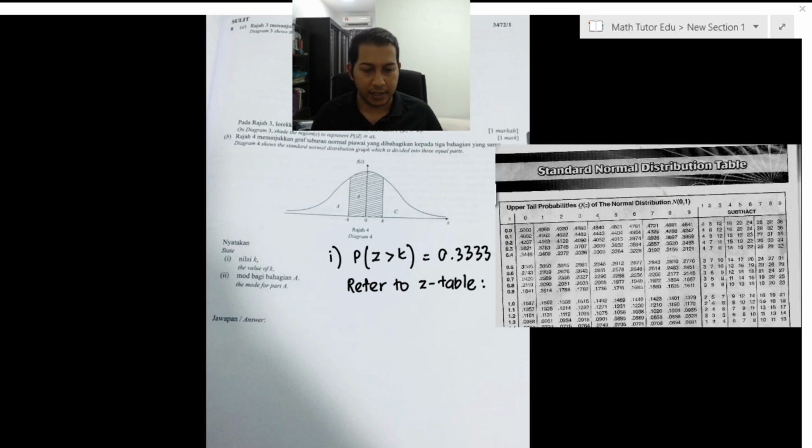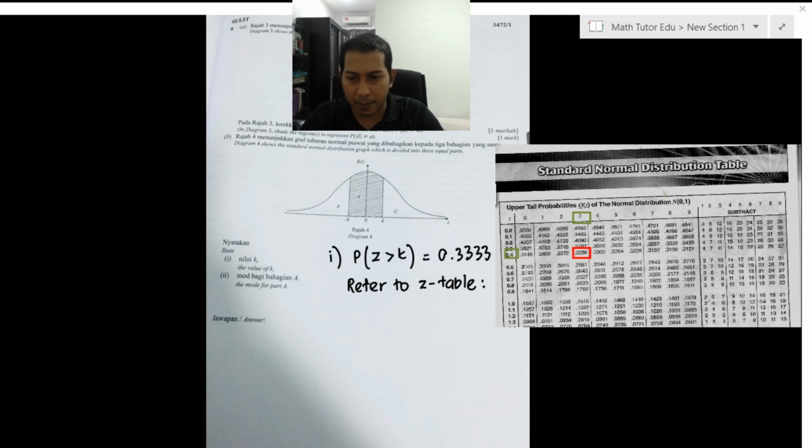So this is our Z table. From here we need to find the probability value which is 0.3333 or very close to 0.3333. If you take a look, it is over here, which is 0.3336, when you align it to the respective z value, in this case 0.43.